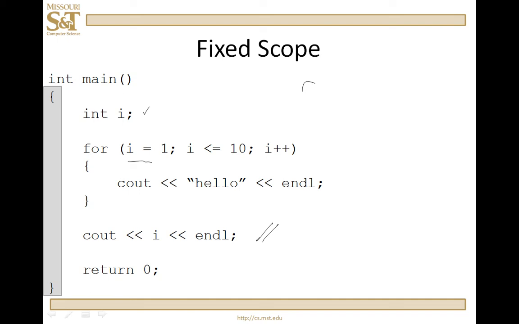When we leave this loop, I is 11. When we get down to this line of code, does I exist? Well, yes, it does. Its scope is the entire block of code, all of this. Okay? So I does exist, and we get I equal to 11, and it is in scope. In other words, the scope of this variable I is the entire program here.